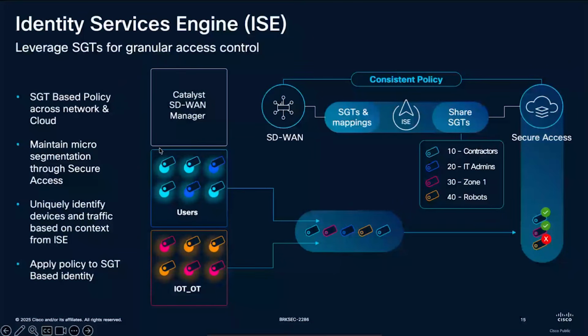For example, the HR team will access the same application and same data. We can create an SGT for this HR team, and we can share or retrieve this SGT definition from the secure access perspective, and we can use these SGTs to enhance the security level of our end users trying to access our applications remotely.